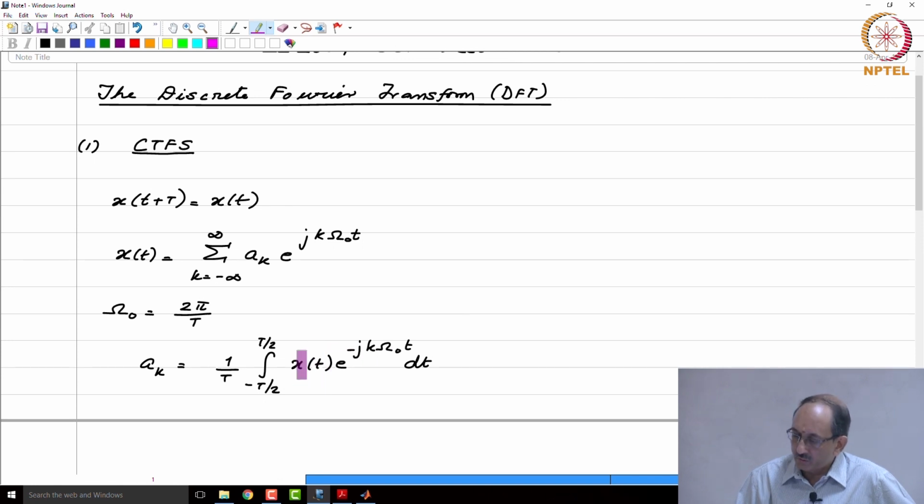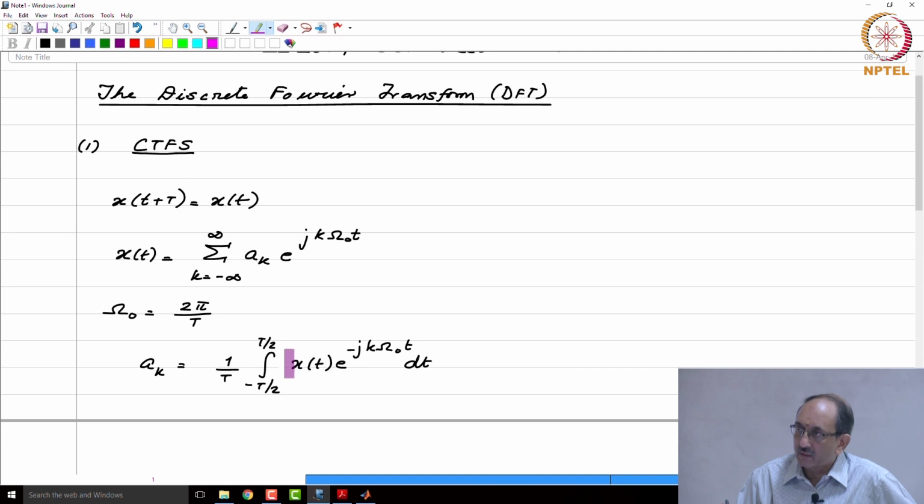So what you are doing is taking the signal and projecting it onto e to the j k omega naught t, which is the kth basis function, and the definition of the inner product in this case is x of t times y star of t dt, integrated over that space.